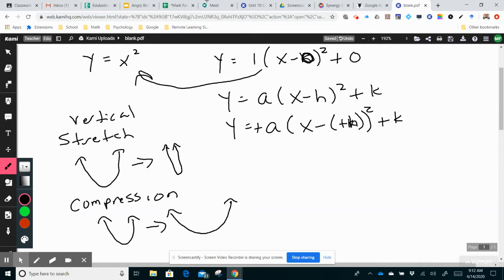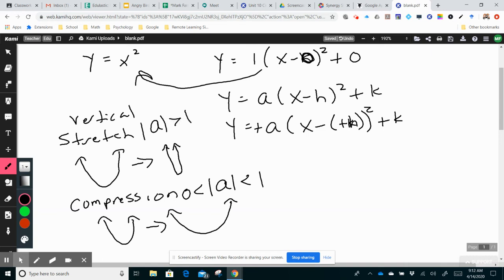So for a vertical compression, the absolute value of a is going to be between 0 and 1, so basically a fraction, less than 1 but greater than 0. And the stretch is going to be the absolute value of a greater than 1.